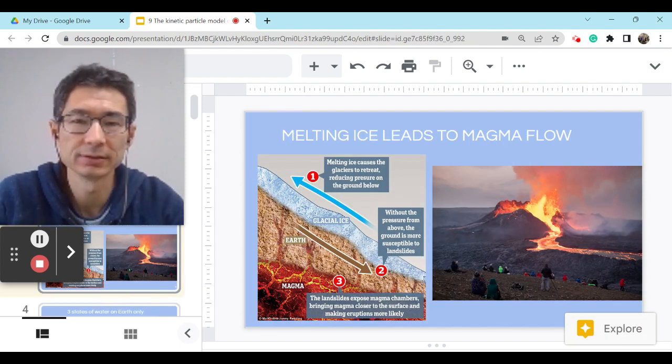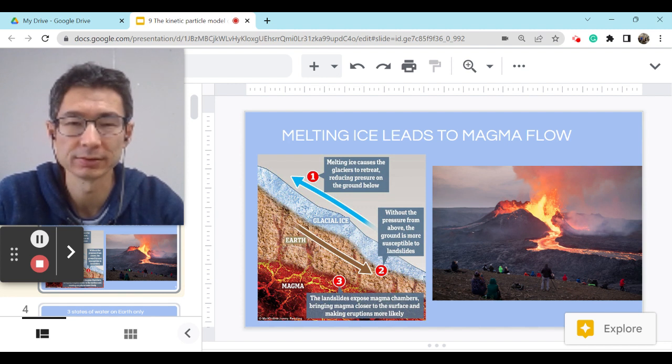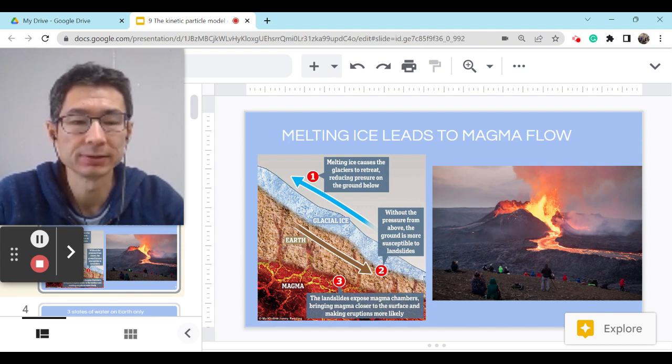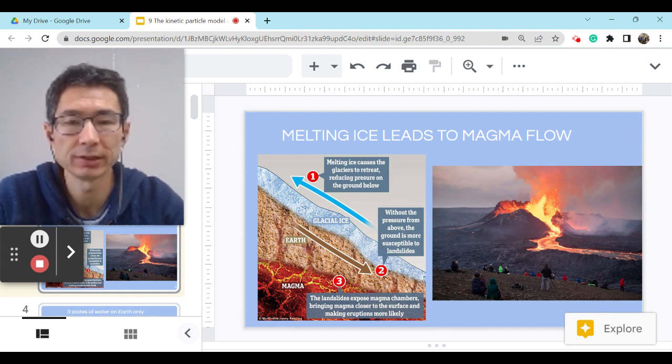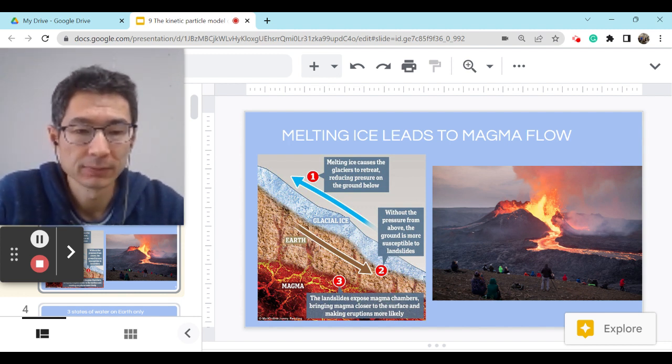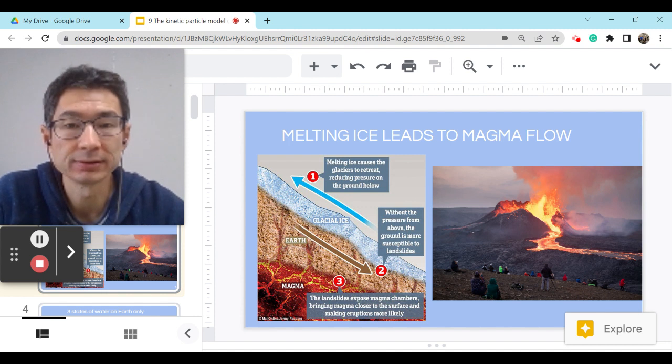There is an interesting article in the course book. It says there is a relationship. The scientists found a relationship between melting glaciers and volcano eruptions. So you would say, what can be a relationship or correlation between volcano eruptions and melting glaciers? Well, there is.